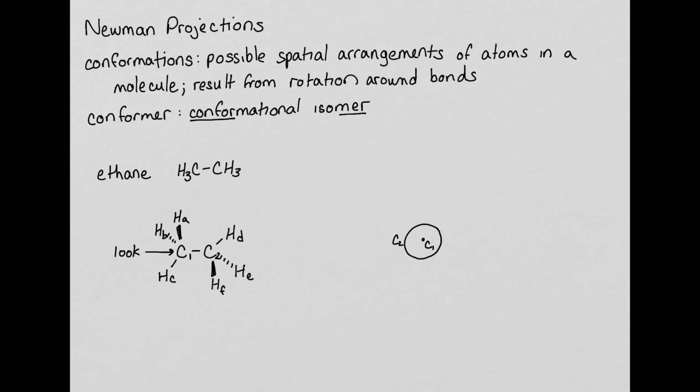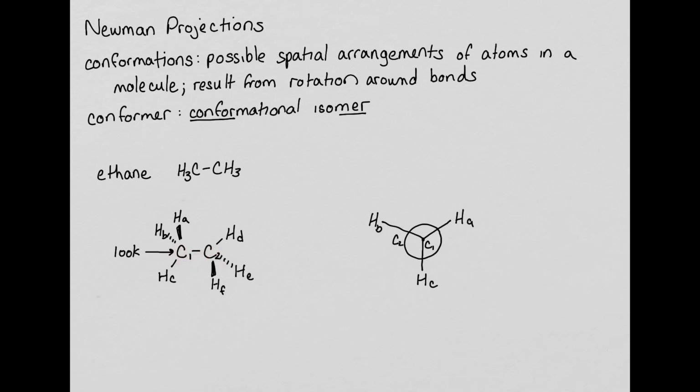The way that we indicate this on our Newman projection is by drawing it straight down like this. Hydrogens A and B will each be pointing respectively up and to the right or up and to the left. Remembering, of course, that we're looking down the carbon 1 to carbon 2 bond in that direction.